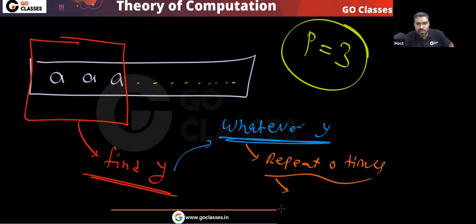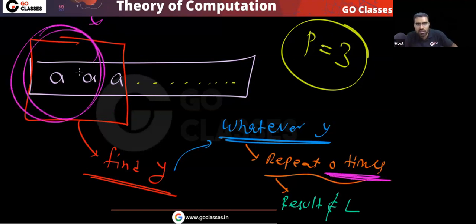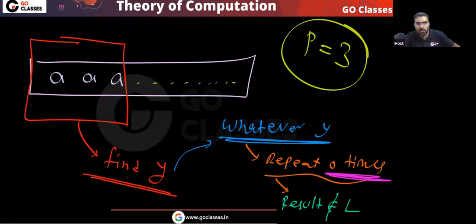The resulting string will not belong to L, because if you take this as y and repeat it 0 times, then they will be gone. Now you can notice you only have 1 a, because these are b's.